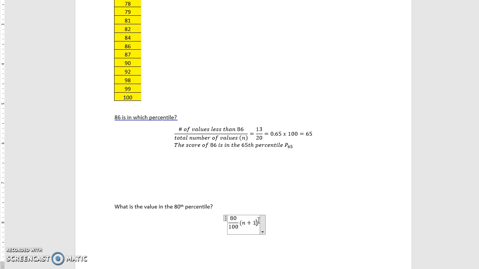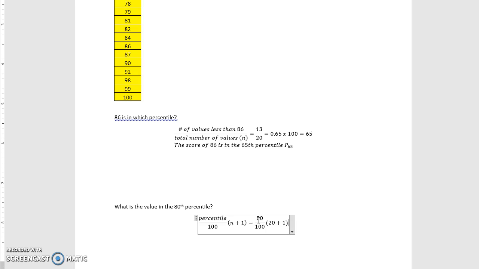So I can even make this a little more general: percentile divided by 100 times n plus 1. So in our case, it is going to be 80 divided by 100 times, and then what is n? It's going to be 20 plus 1.